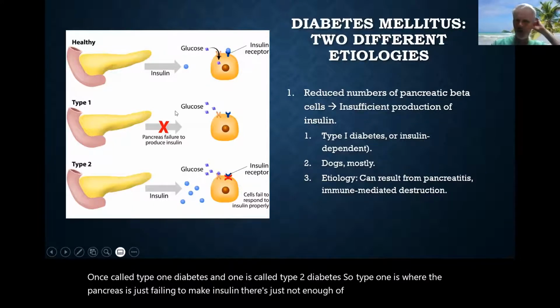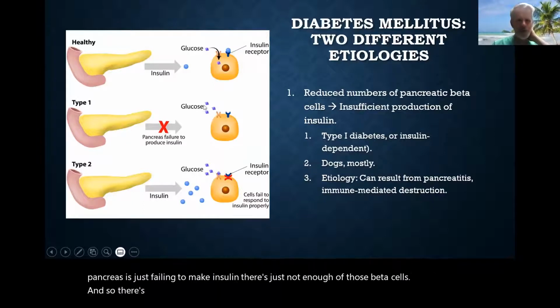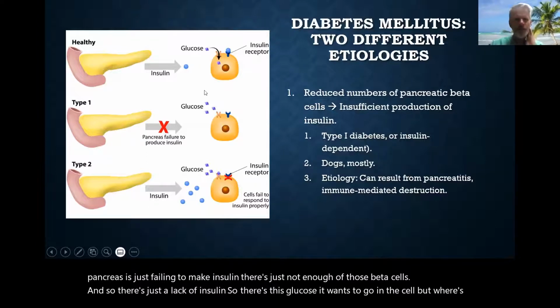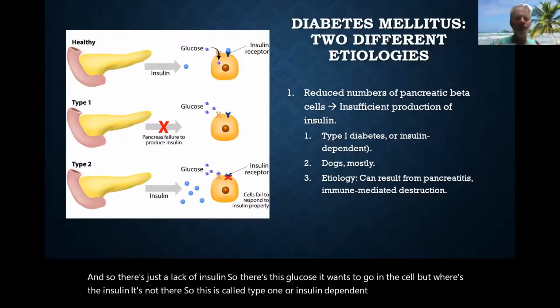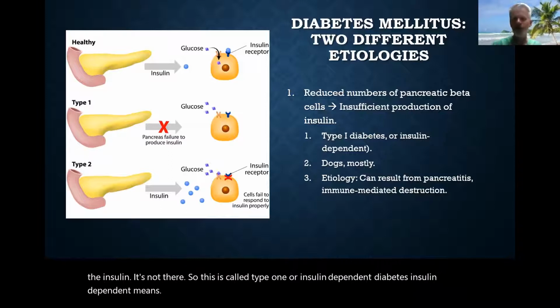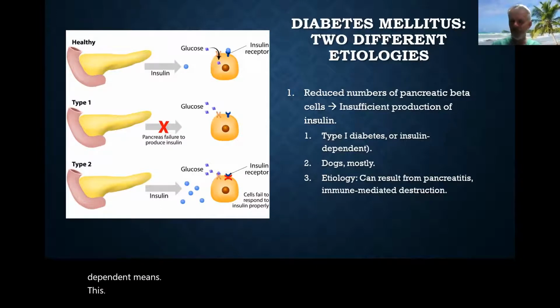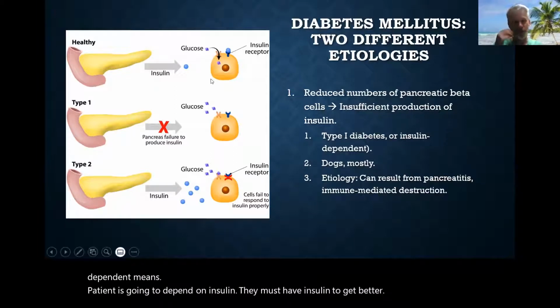And so there's just a lack of insulin. So there's this glucose. It wants to go in the cell, but where's the insulin? It's not there. So this is called type 1 or insulin-dependent diabetes. Insulin-dependent means this patient is going to depend on insulin. They must have insulin to get better or to be treated.